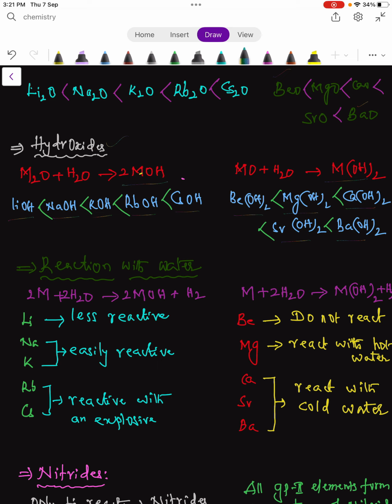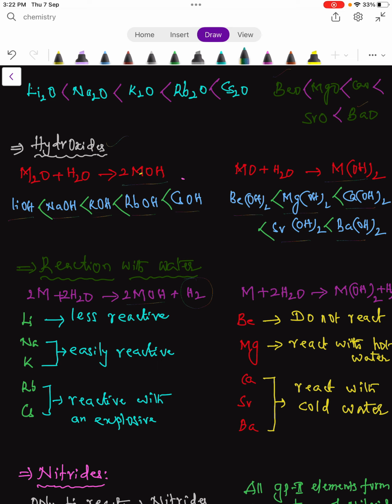Next, reaction with water. So 1A group elements dissolve in water and form MOH type of hydroxides. They are called alkalis. Along with that, hydrogen gas is liberated. At the same time, 2A group elements also react with water and form M(OH)2 type of hydroxides. Along with that, hydrogen gas is released.